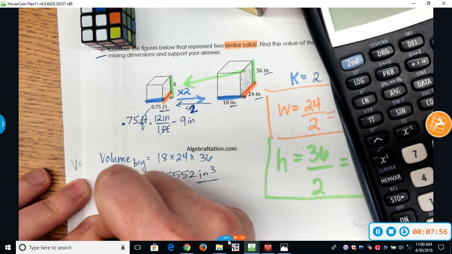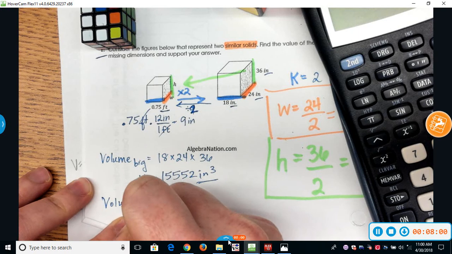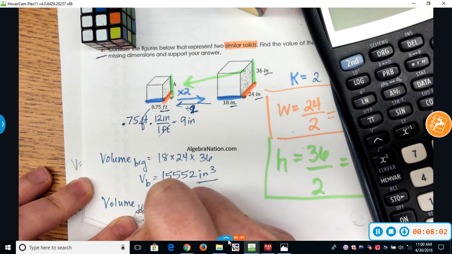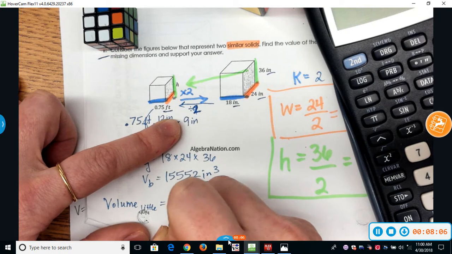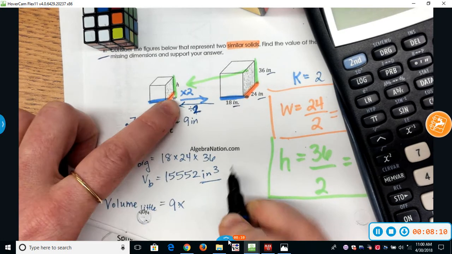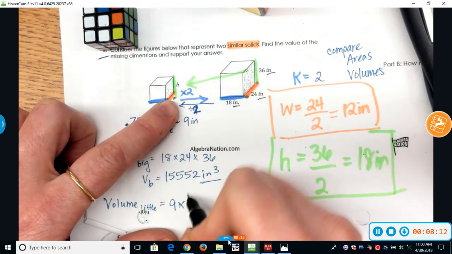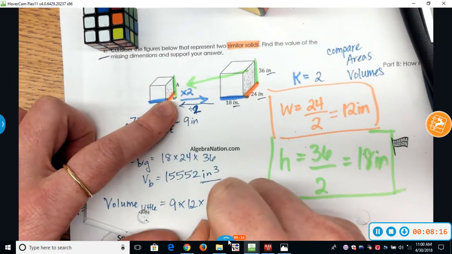Now I'm going to do the same thing, but with the little numbers. Volume of the little, that is 9. We have to use consistent units. 9 by W was 12, and the height was 18.